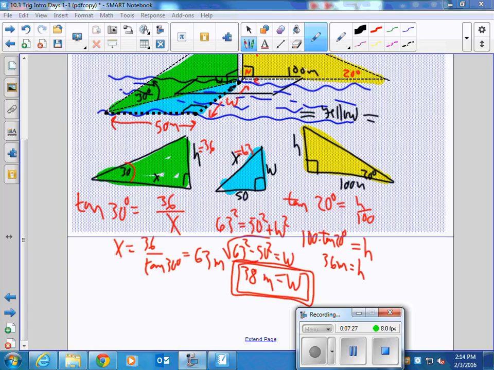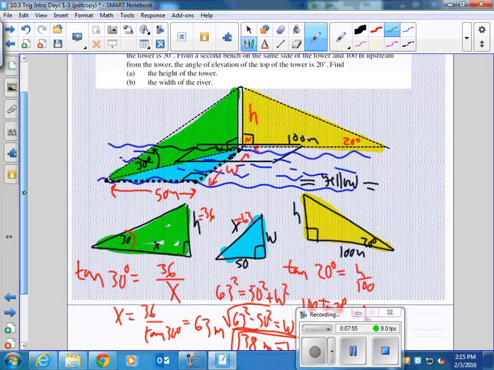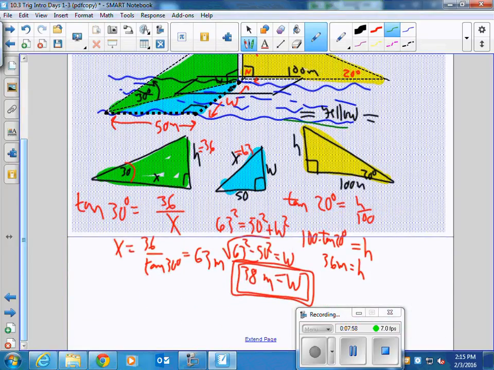So, kind of looking at this, how did we break this down? Well, the first thing I did is I read the problem, and it said go across the river, then go 50 downstream. So that formed my blue triangle here, and then I made the green one from the angle of inclination of 30. Then it says second bench, 100 meters upstream, and an angle of inclination of 20. So that's the one right there that I used to start off with.